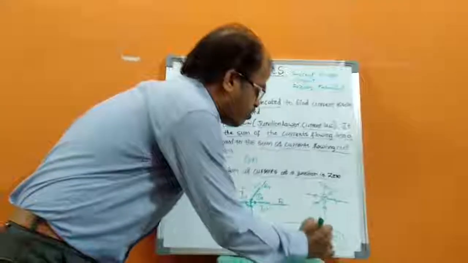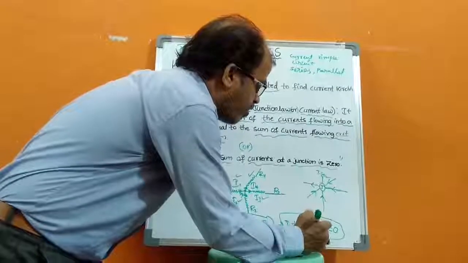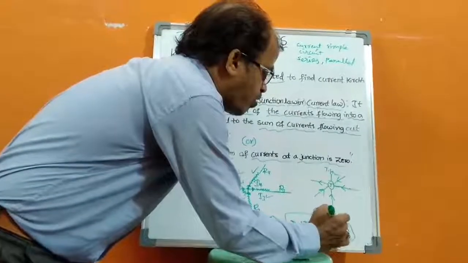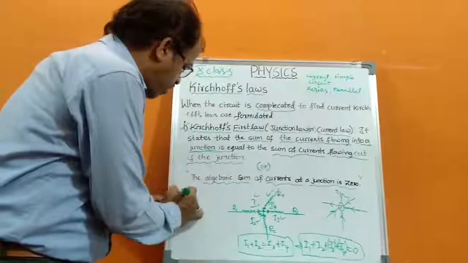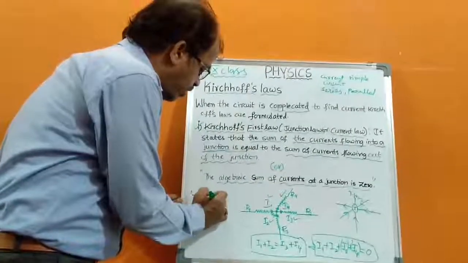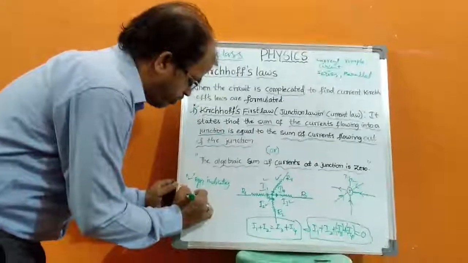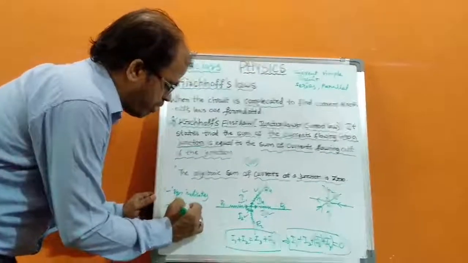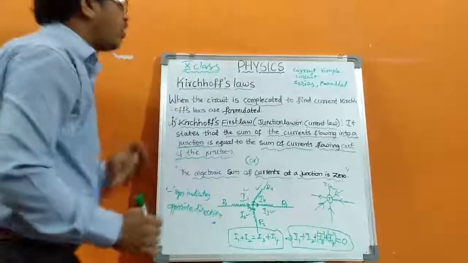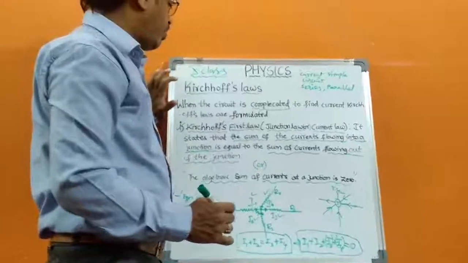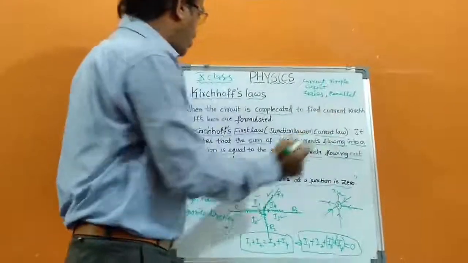We can write plus or minus I3, plus or minus I4, equals 0. Here the minus sign indicates the opposite direction. So this is Kirchhoff's first law. Kirchhoff's first law is known as the junction law or current law.